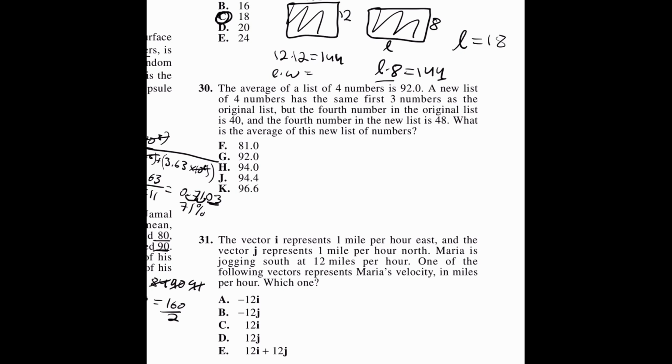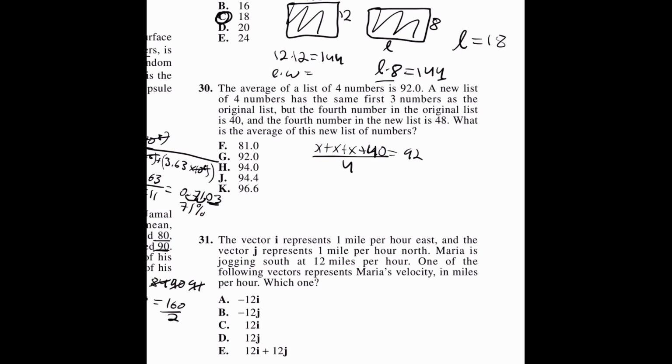There's another list of four numbers, and the first three numbers are the same as in the original list, but the fourth number is 40 in the original list, and the fourth number in the new list is 48. What is the average for this new list of numbers? Okay, well, first of all, we know that three numbers are the same, so we just have some random x's plus 40 is equal to 92, right? But divided by 4 because it's an average, right?